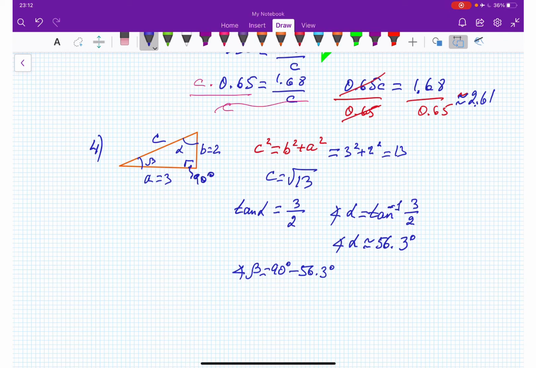So the other two sum to 90, to get 180 degrees as the total sum of a triangle. Therefore, 90 minus 56.3 is going to be your result. That is going to be 33.7 degrees.